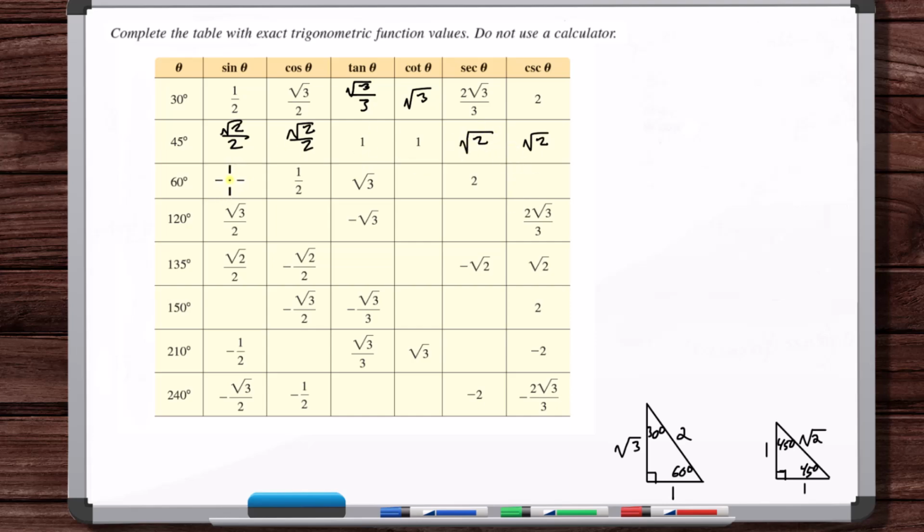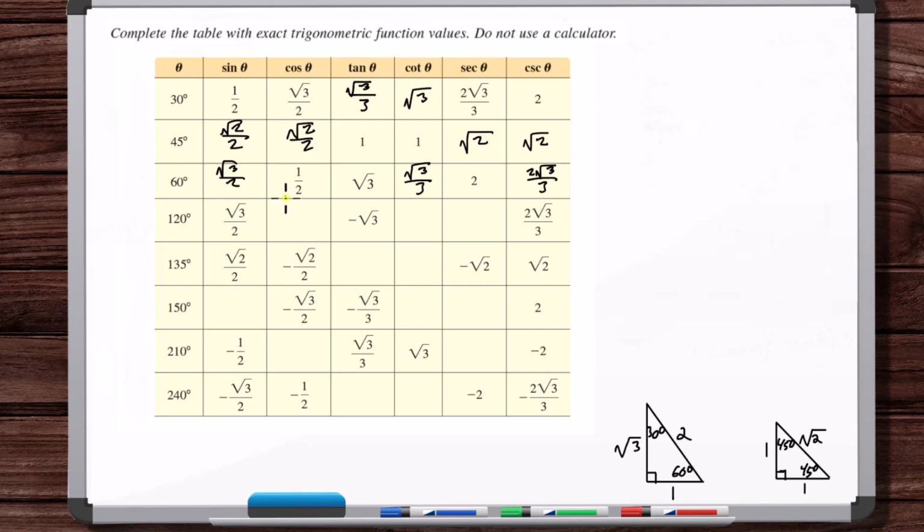There we go. Easy. 60 degrees, so opposite over hypotenuse, root 3 over 2. These are all positive. Then you've got cotangent is 1 over root 3, so that's root 3 over 3. We could have come to the triangle or just done the reciprocal here. Yep, secant is the reciprocal of 1/2, and then cosecant 2 over root 3 times root 3 over root 3, that's 2 root 3 over 3.